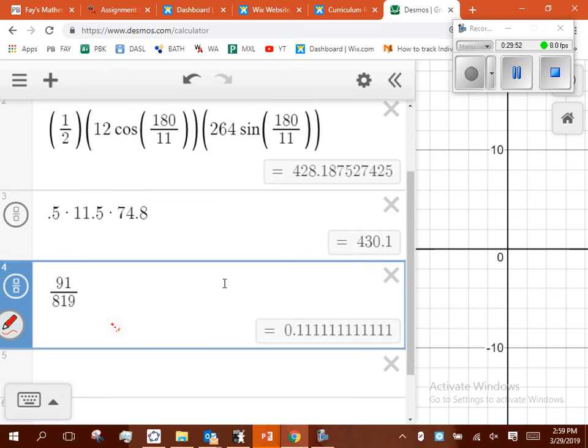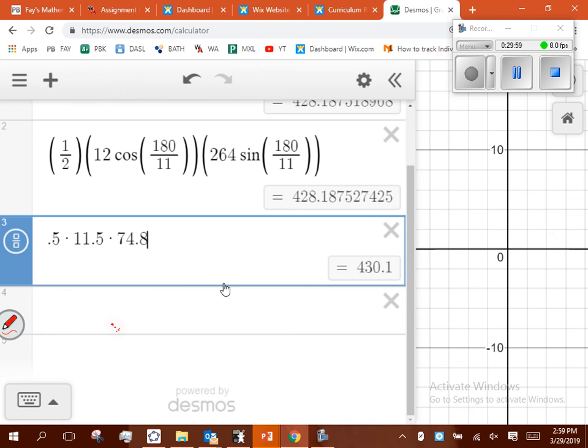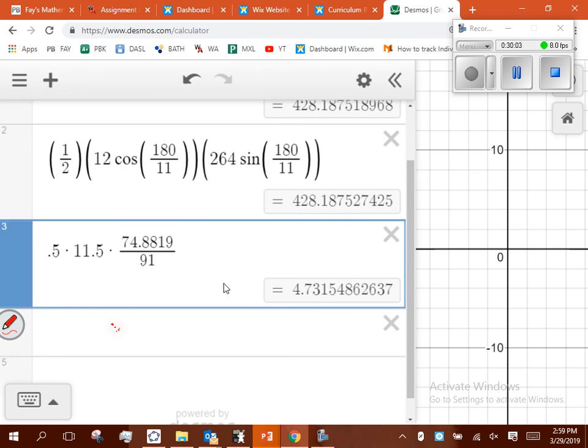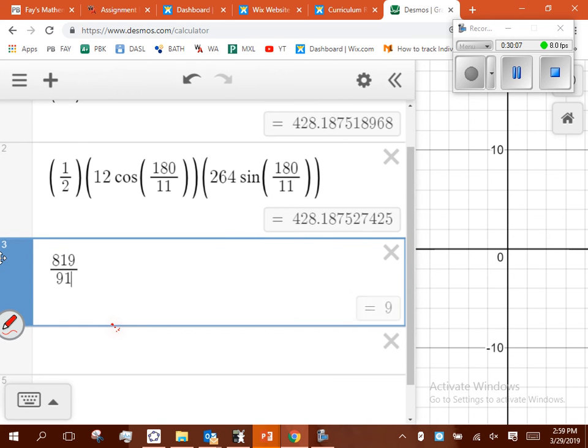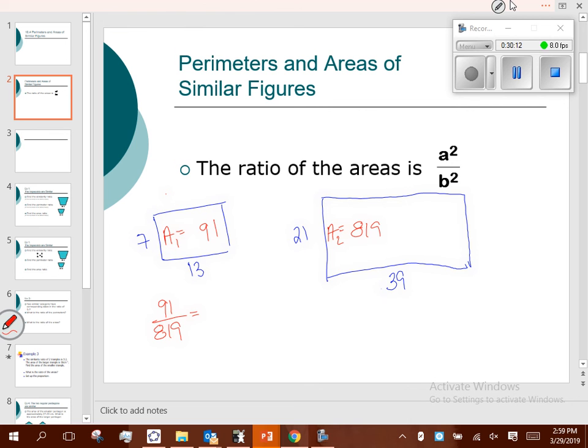What's that decimal change into as a fraction? 1/9. If I didn't realize that, could I do this? I go 819 divided by 91. Whoa. 819 divided by 91 gives me 9, right? Okay. So 1/9 is what this reduces to.